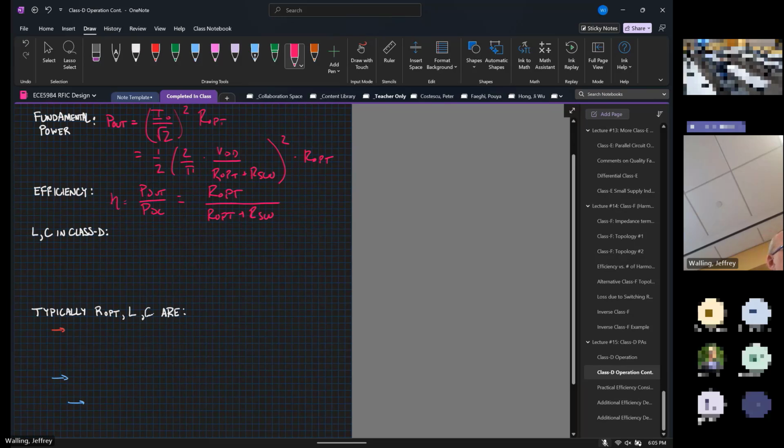Now we do have potentially lossy passives, so we're going to be doing an impedance transformation in order to produce R opt. We're not going to normally make R opt with just a physical resistor.